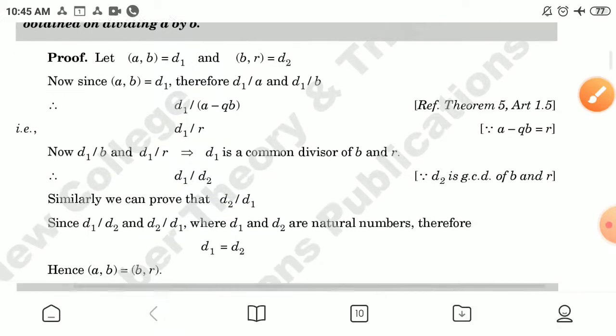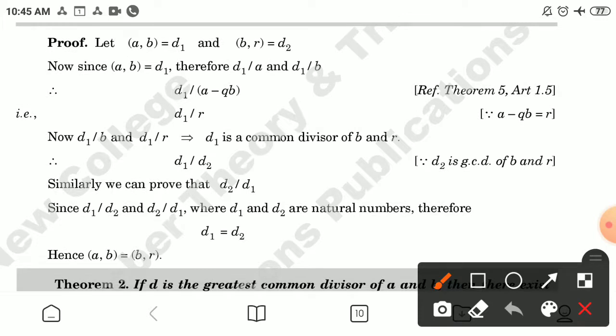Now for the proof. Let the greatest common divisor of a and b be d1 and the greatest common divisor of b and r be d2. Now since the greatest common divisor of a and b is d1, therefore d1 divides a and d1 divides b. Therefore d1 divides a minus qb.